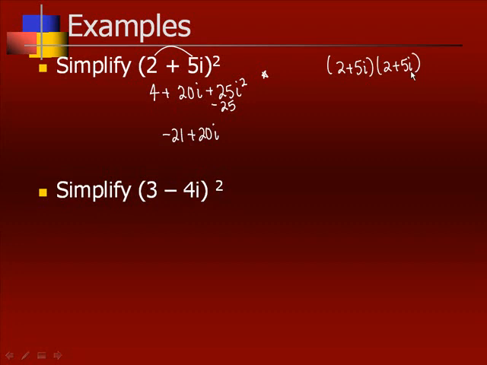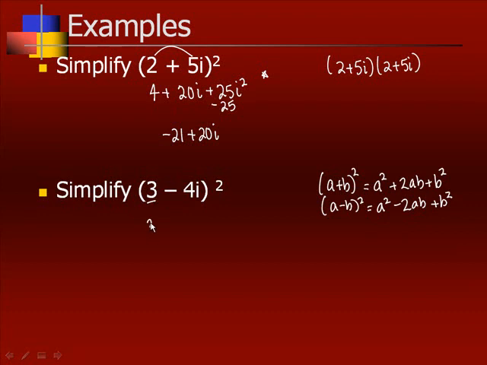Okay, 3 minus 4i squared. The little shortcut, I don't know if you remember this: a plus b squared is a squared plus 2ab plus b squared, or a minus b squared is a squared minus 2ab plus b squared, which says you square the first part, which is 9.